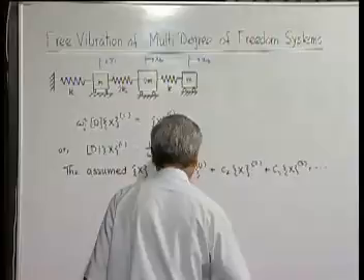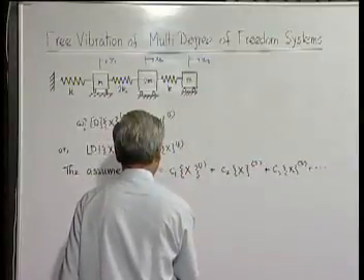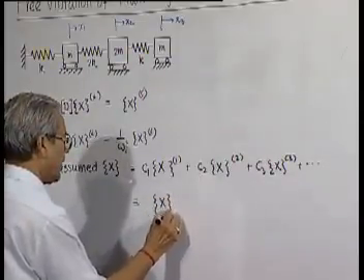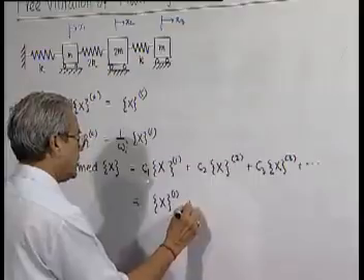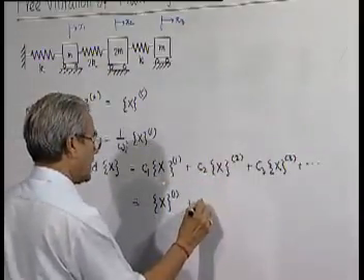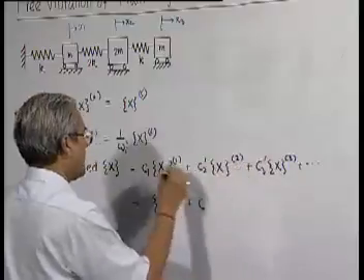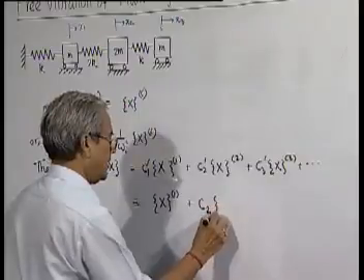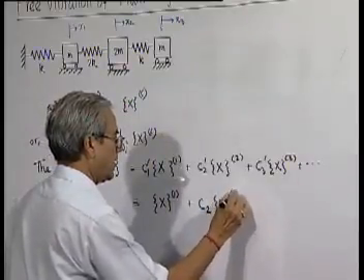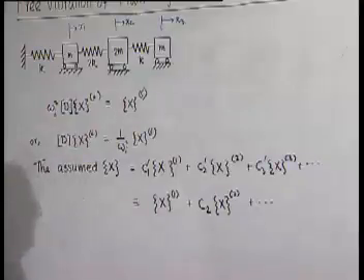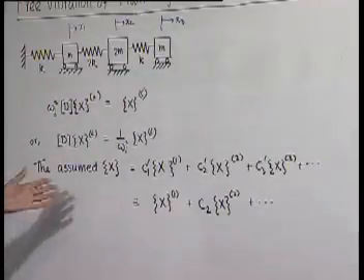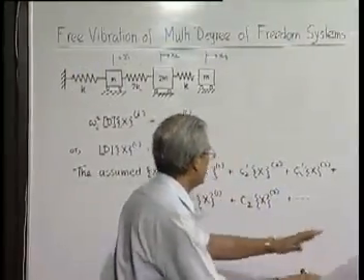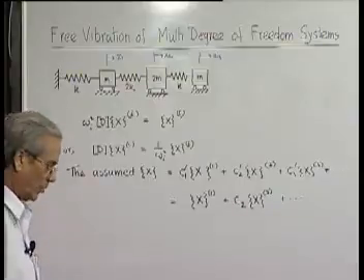Or if we still further normalize, we can divide the whole thing by C1. C2 by C1 is one quantity; originally we called them C prime, now I call it C2, which is nothing but C2 prime by C1 prime. So it is always possible, whatever this assumed value may be, to express it in terms of a series of all the natural modes.